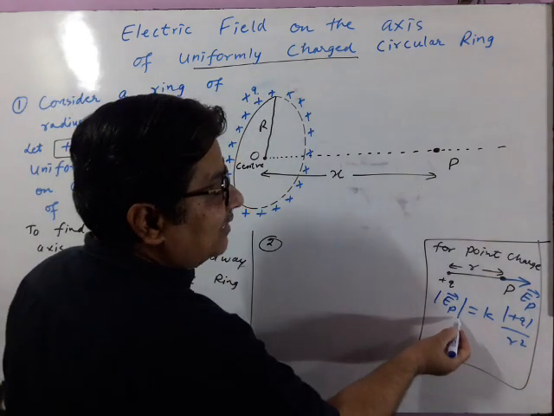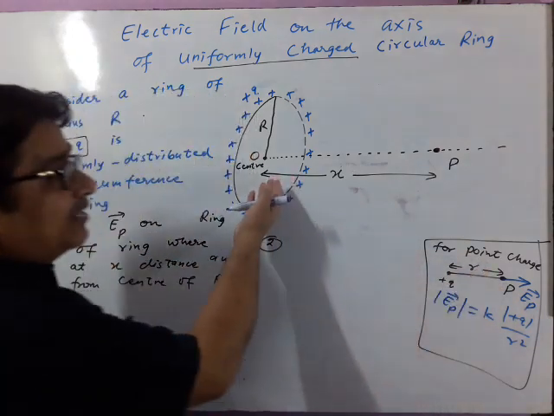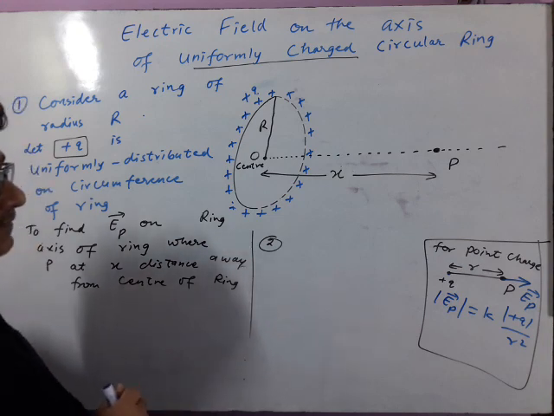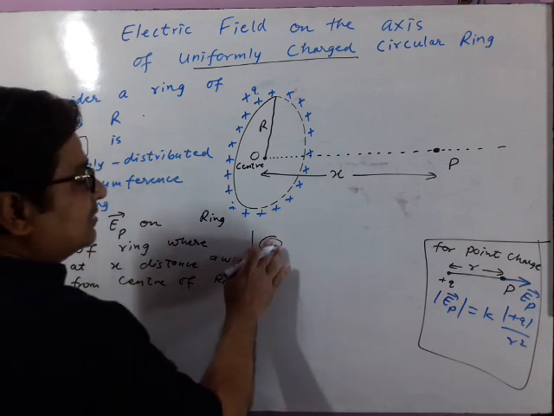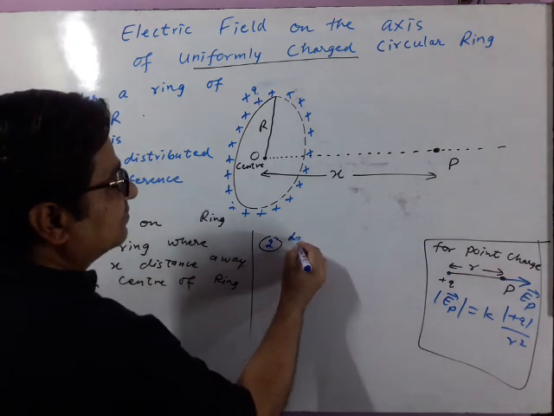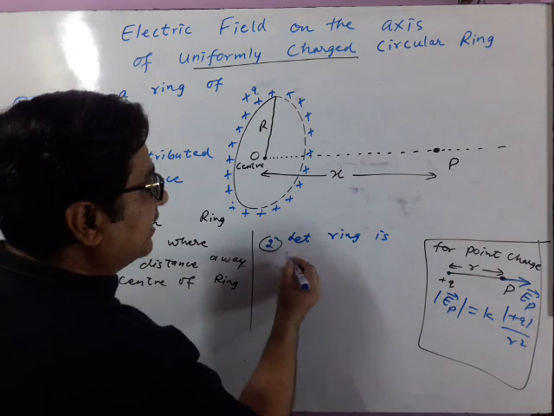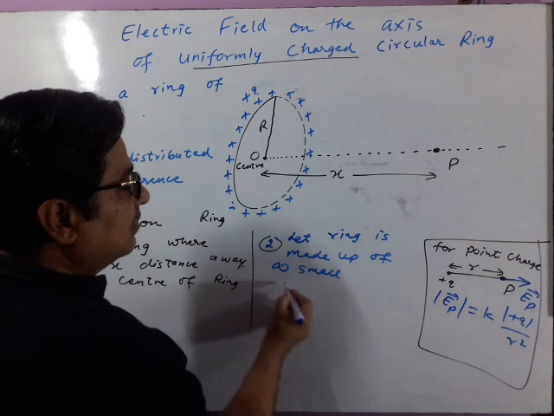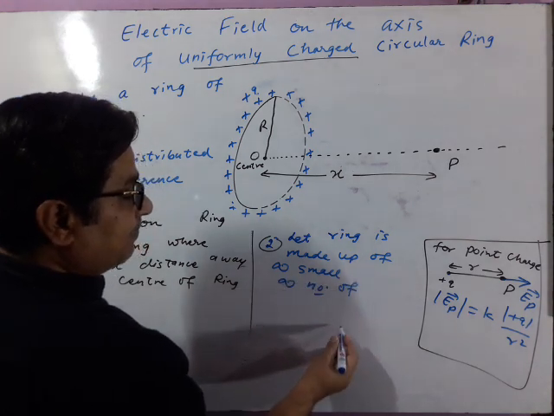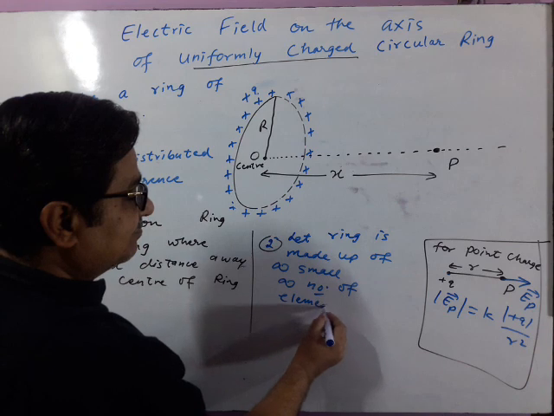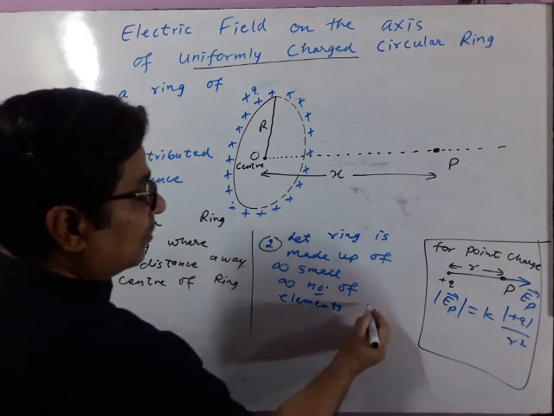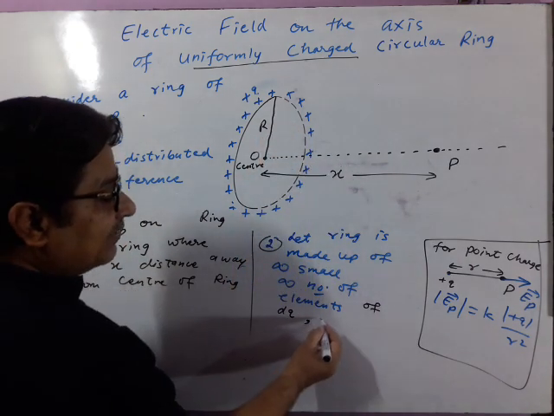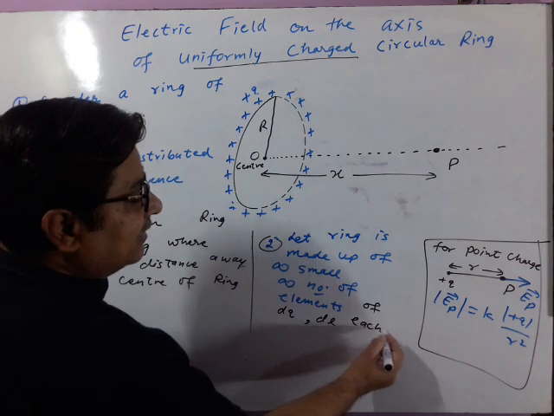Now this formula is valid for a point charge. Now this is not a point charge. So how will you solve? This is called the integration technique. For this, you consider that this ring is made up of an infinite number of infinitely small elements of charge dq each, and having length dl each.